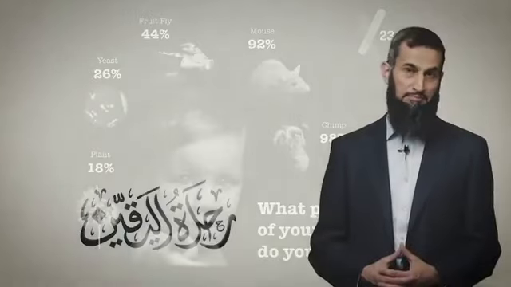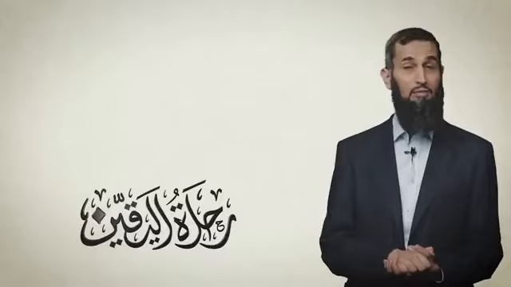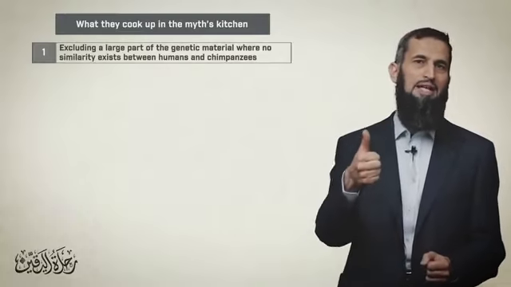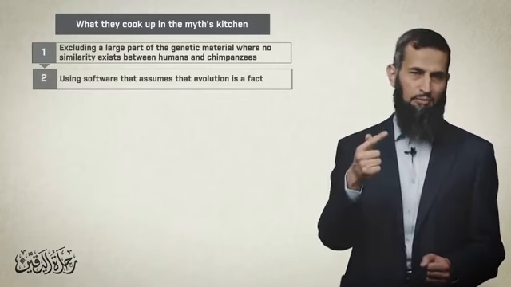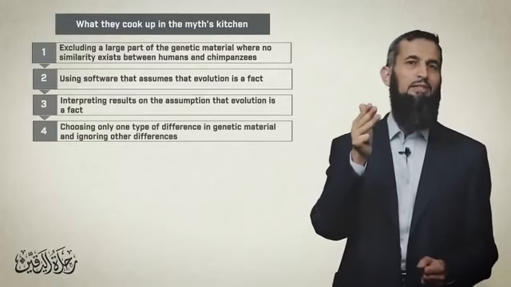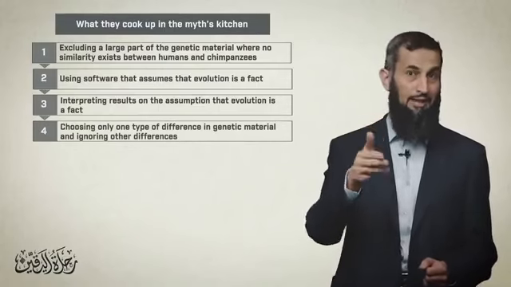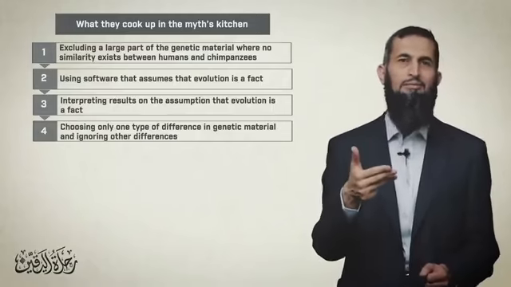Dear viewers, we discussed in this episode the fallacy of circular reasoning, which is frequently used by evolutionists regarding genetic material and other things. We also saw what goes on in the myth's kitchen. A large segment of the genetic material is crossed out. Then software built upon the validity of the theory of evolution is used. Then the results are interpreted on the basis of evolution. Then a figure showing one of the differences is used to generate the final number, while larger differences are ignored.